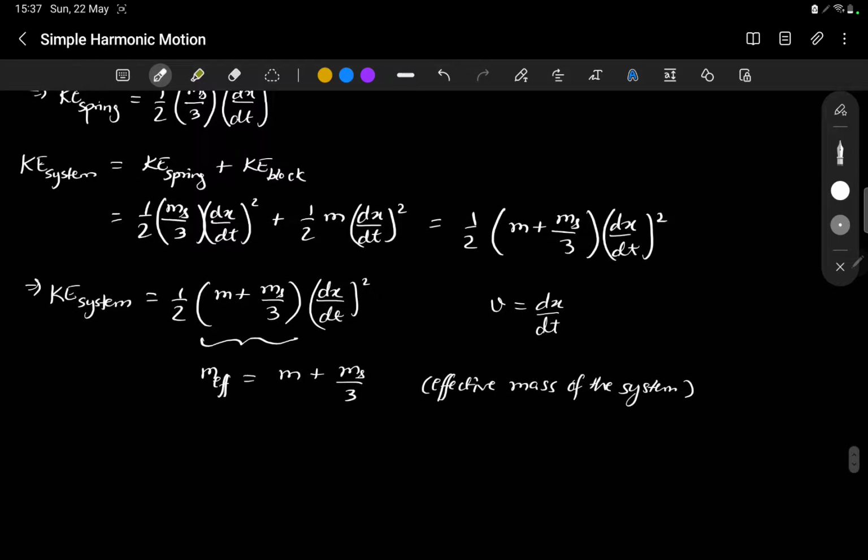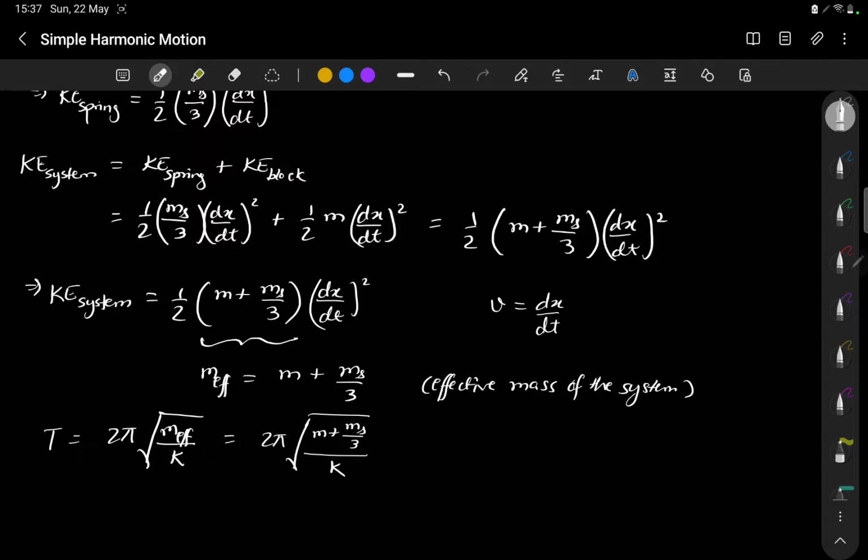Hence the time period is given by 2 pi square root of effective mass over k, which is nothing but 2 pi square root of m plus ms over 3, divided by k. This is the time period that we wanted to find out.